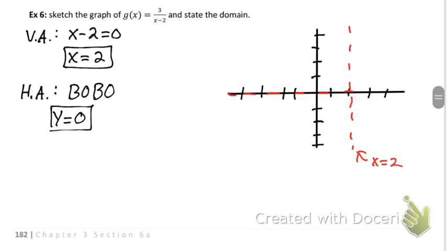So these are the worst ones because you can't really show them. But there's my y equals 0. Here's what 99% of these graphs are going to look like.